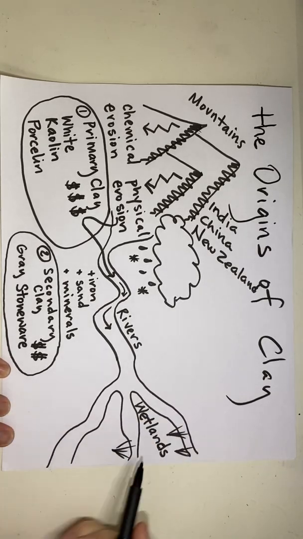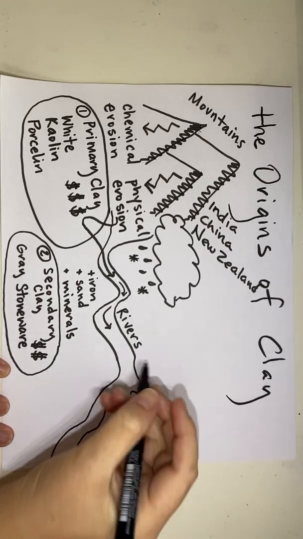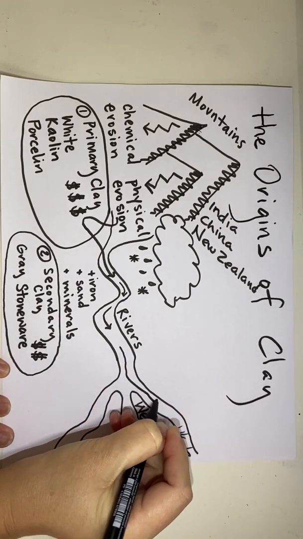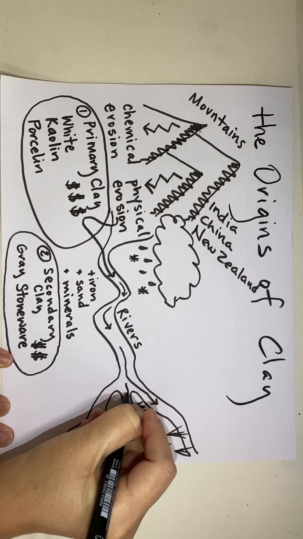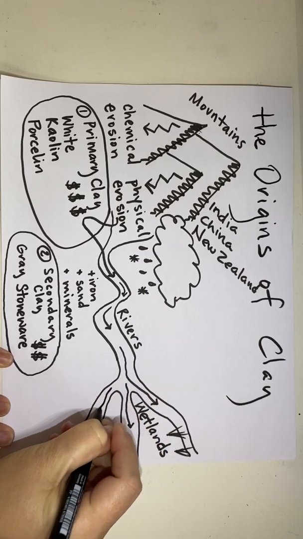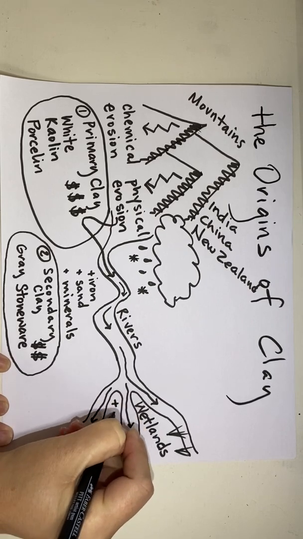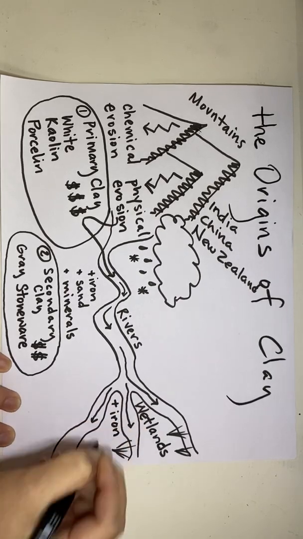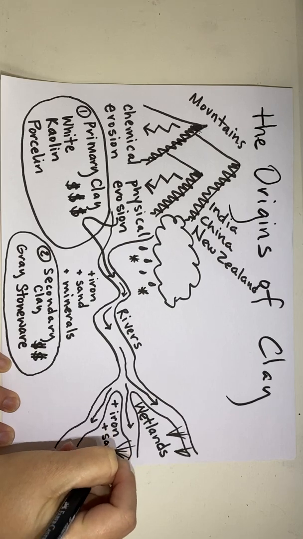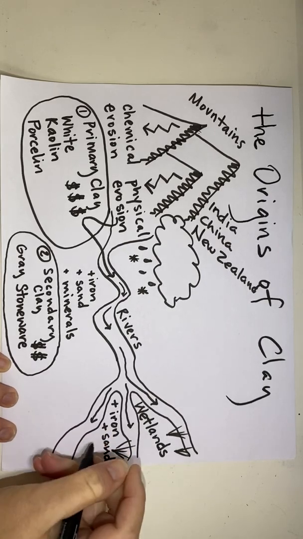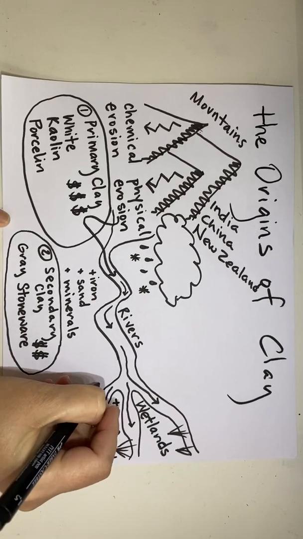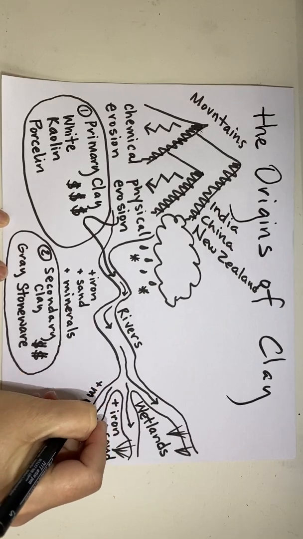While it is traveling through the rivers and then going through the wetlands, it starts picking up more iron, more sand, and, I'm going to put it over here, more minerals.